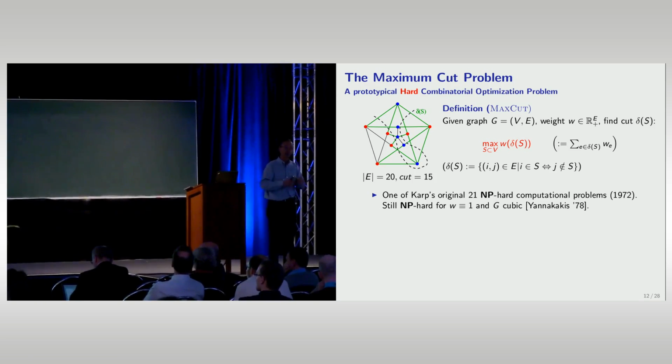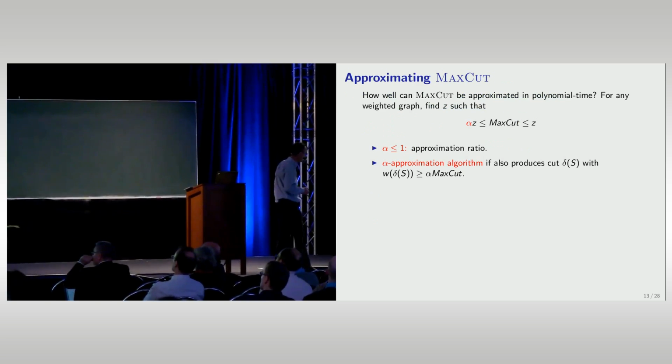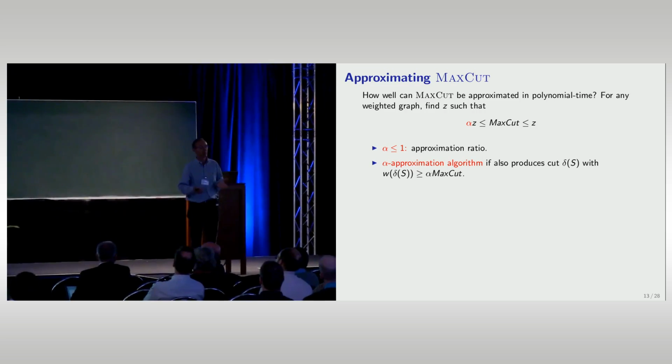This is one of the 21 NP-complete problems that were first defined back in 72. And it's still NP-hard if you restrict, for example, to unit weights in graphs in which every vertex is adjacent to only 3 edges. Now, we have to decrease our expectations because we're dealing with an NP-complete problem.